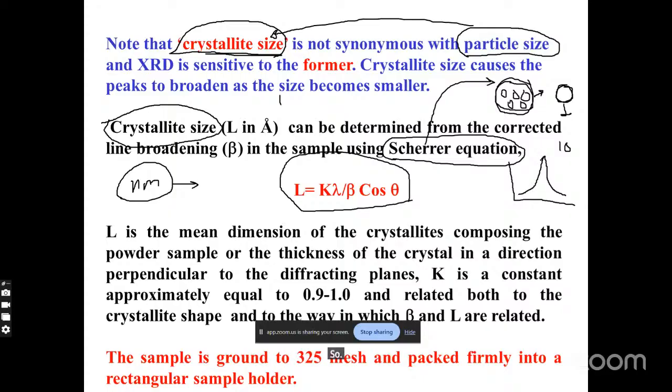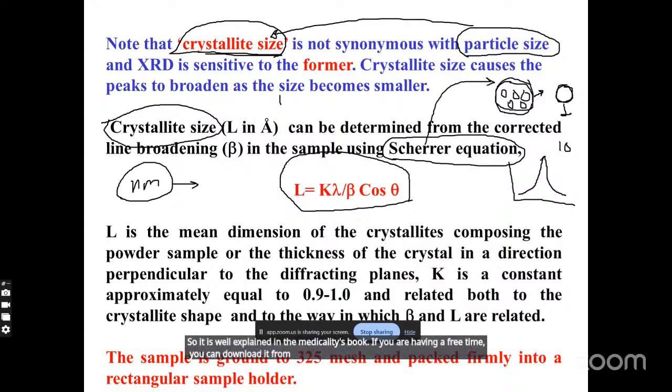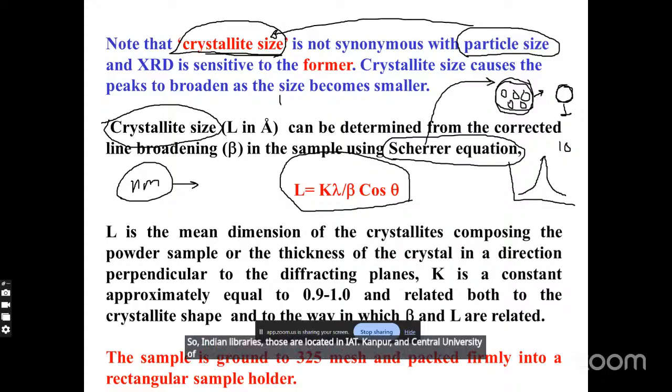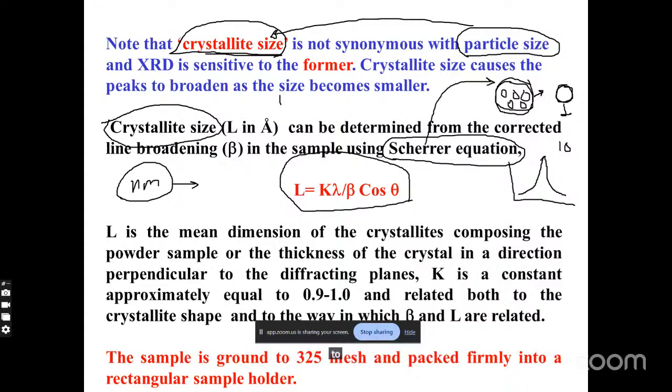It is well explained in B.D. Cullity's book, Elements of X-ray Diffraction. If you have free time, you can download it from the internet. Indian libraries, those located in IIT Kanpur and Central University of Hyderabad, have the right to circulate this book in digital form throughout the country.